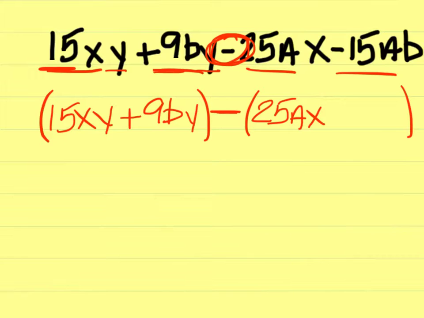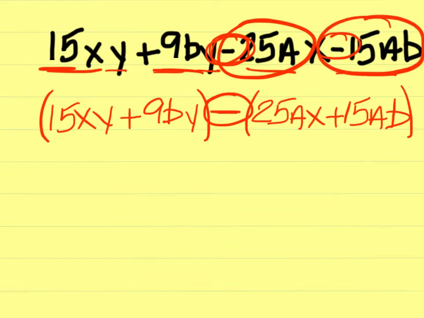It no longer has a minus sign in front of it because it's out in front of the parentheses. So essentially you've changed its sign. And then you change the sign of this one as well. That's only when you have a minus sign in this position. You change the sign of this and this when you put it into the parentheses.